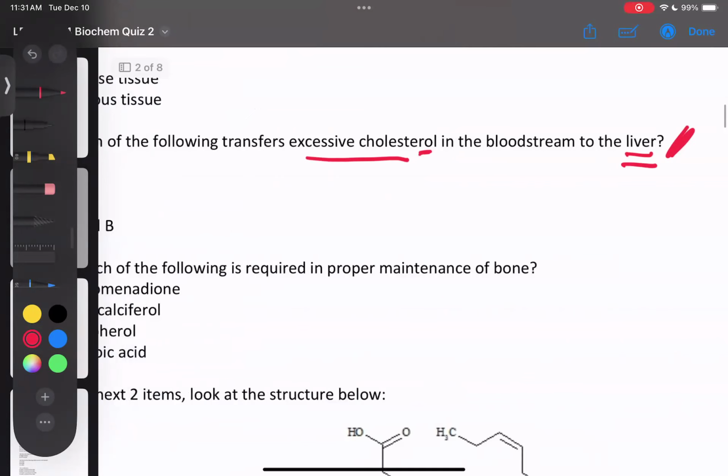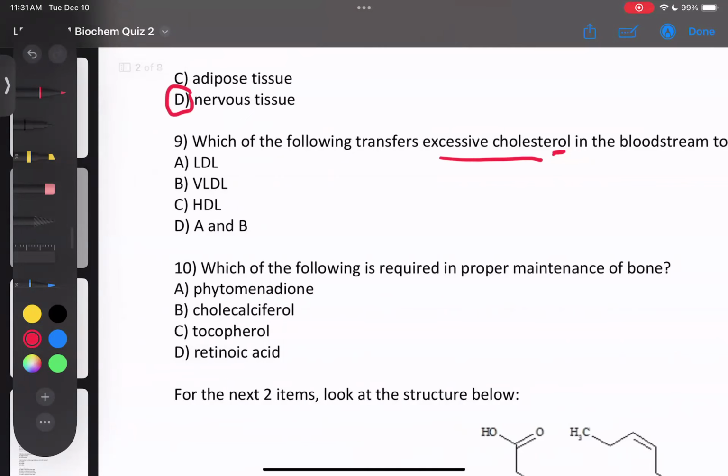There's only one good cholesterol, quote unquote, that you should know of, and that is HDL. Whereas LDL, and actually VLDL is similar in this aspect, they do the opposite, which is to get the excess lipids from the liver and throw them down to the blood, which can actually increase the risk of heart disease.